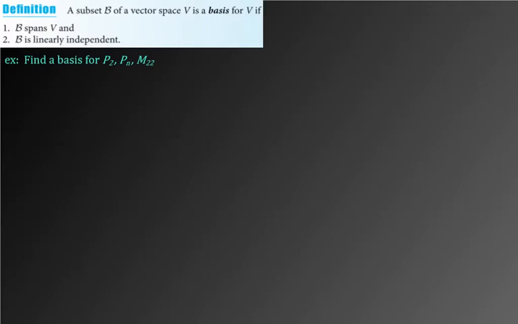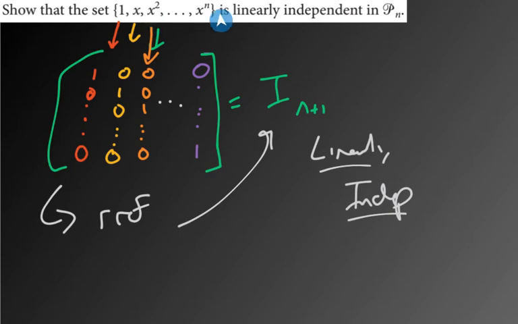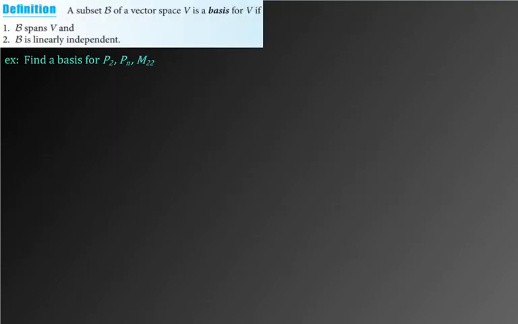So what we actually have right here is a basis for that vector space. We need 2 things for a basis. We need that my set spans the vector space, and we need that the items in that set B are linearly independent. You just want to think about it in terms of building blocks. For P2, we need a constant, a linear term, and a quadratic to build up any quadratic we want.